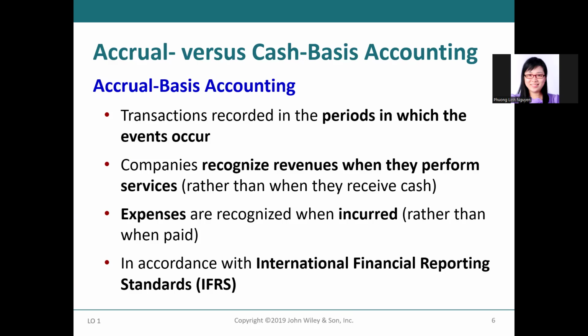But whenever they finish performing the service, they have to recognize revenues. Expenses are recognized when incurred rather than when paid. It means that whenever we use some expenses in order to generate those revenues, we have to recognize those expenses in the same period, even though we haven't paid money yet. But because we already used the expenses, we have to record them. This is in accordance with the International Financial Reporting Standards, IFRS.